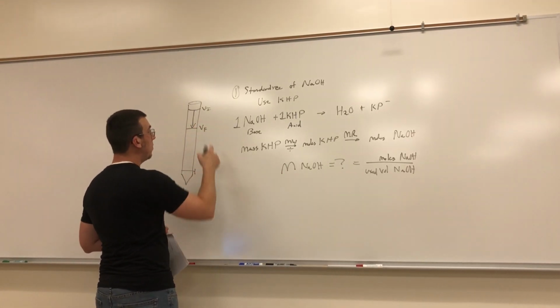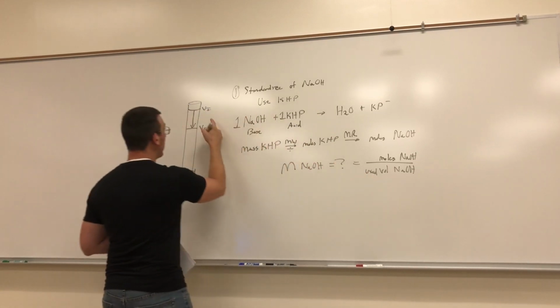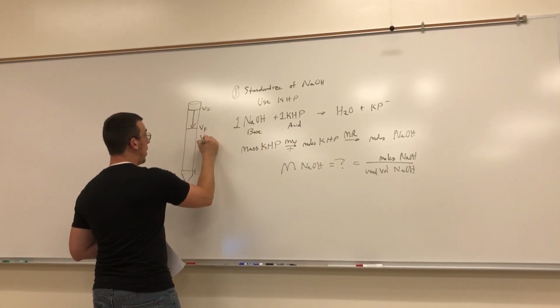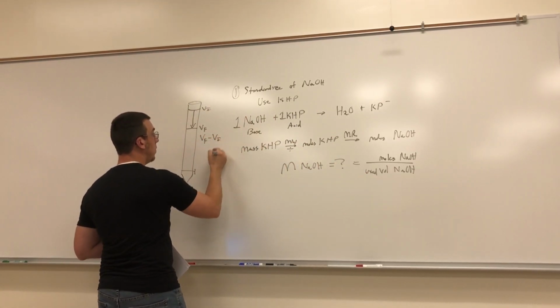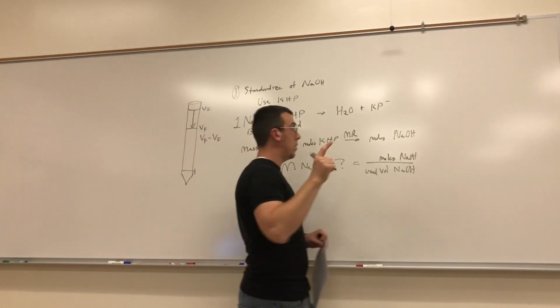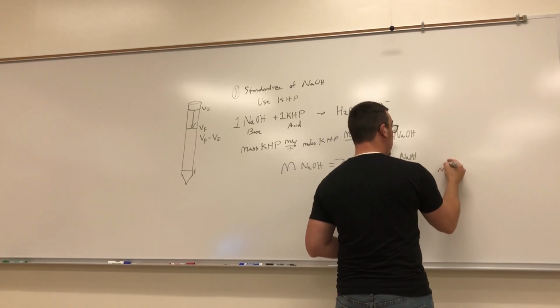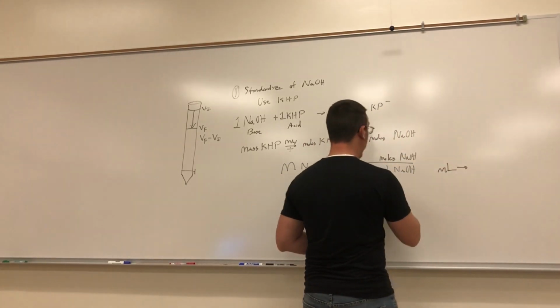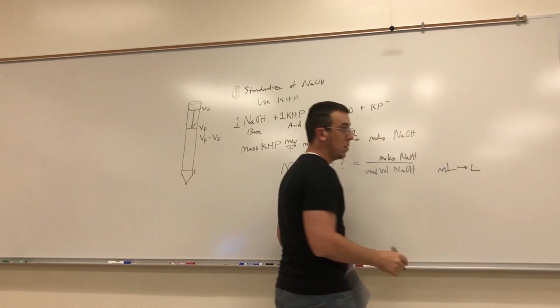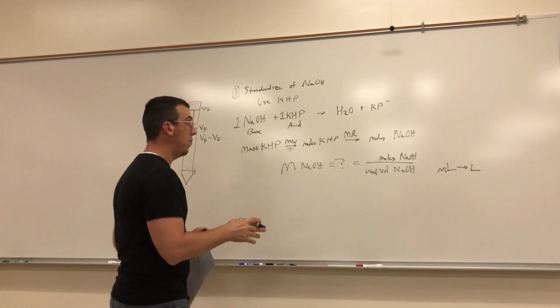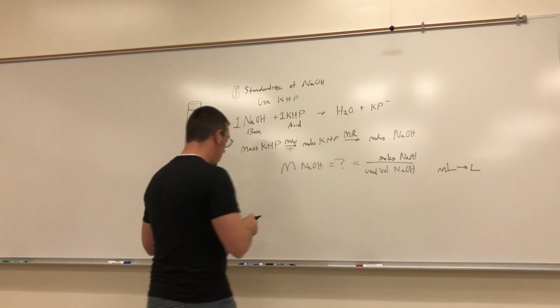So to figure out the volume used, you take the final volume and subtract it from the initial volume, and that's the value that goes here. But be reminded that your volume is in milliliters, and for molarity you have to convert that into liters. So that's something you need to make sure you do before you do that calculation.